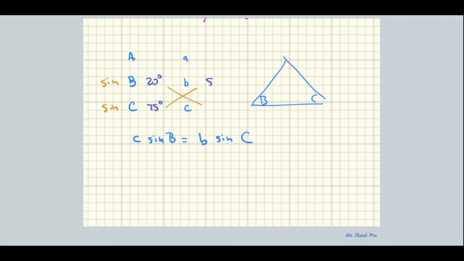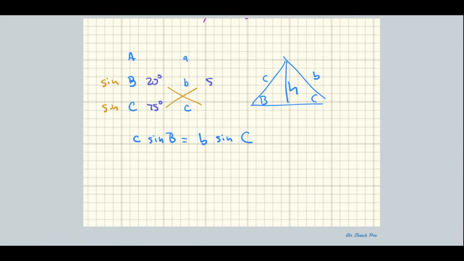I don't know if one of them is acute or obtuse, but here's the altitude H, and the altitude is C sine B, which is B sine C. You don't necessarily have to know that to solve the triangle. You can just go immediately to the crisscross with the sines.